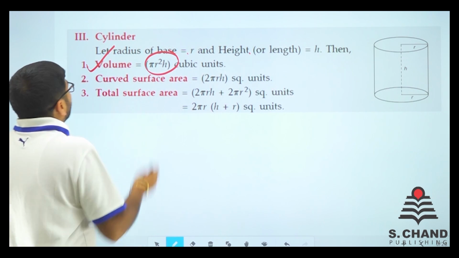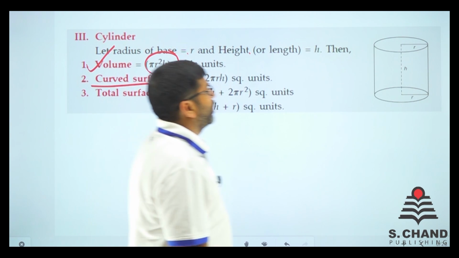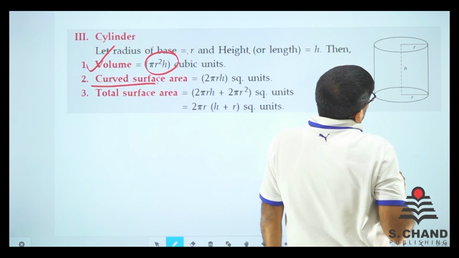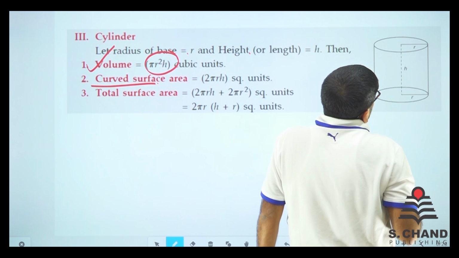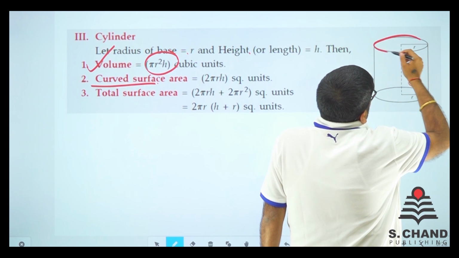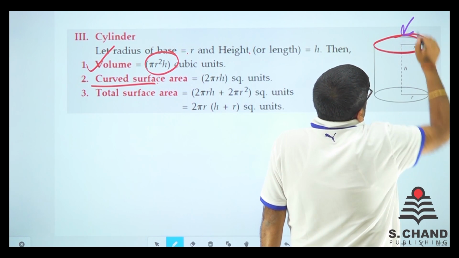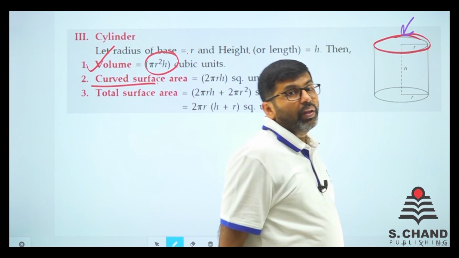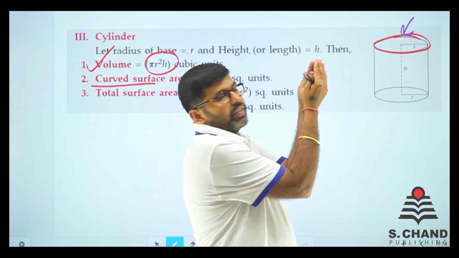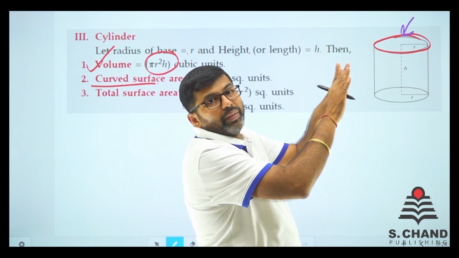Now, curved surface area. What is curved surface area? So curved surface area is all about what? See, this is the circumference of the circle. If you remember, this is the circumference. And curved surface area, if I open up the cylinder, it will become a rectangle.